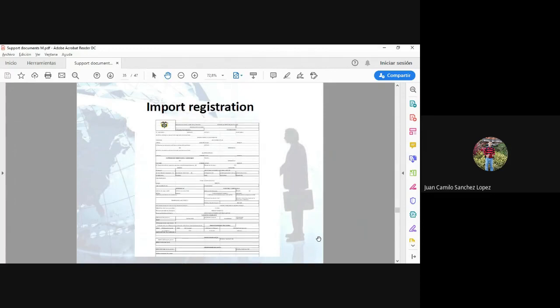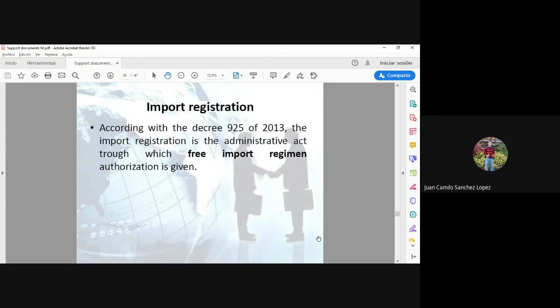They have to get this authorization from the Ministerio de Comercio, Industria y Turismo, and also the authorization by the DIAN. The majority of products are under the regime of free importation. It means that any legal or natural person can import those products.